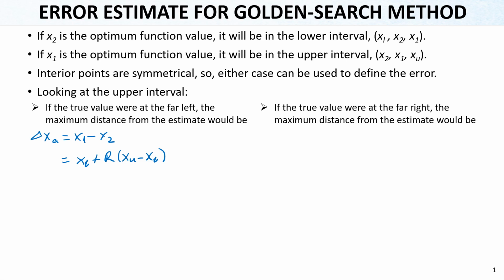And also we have x2, which is calculated as xu minus r times xu minus xl. So these are the formulations. We can simply write these: this is x1 and this is x2.